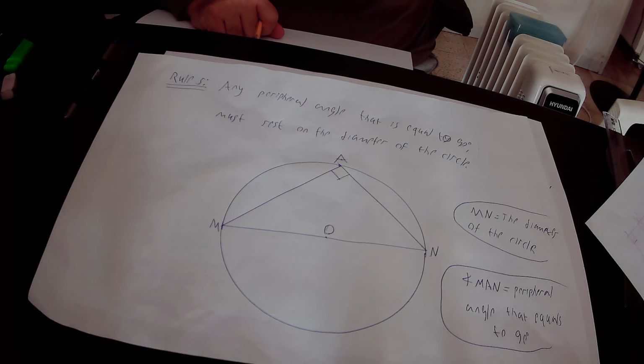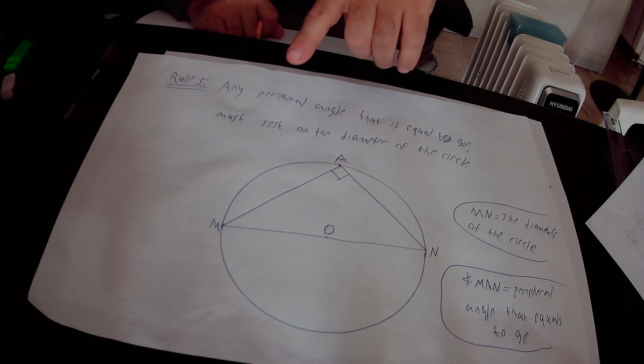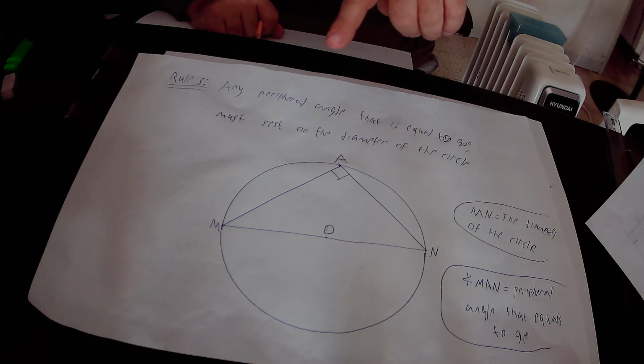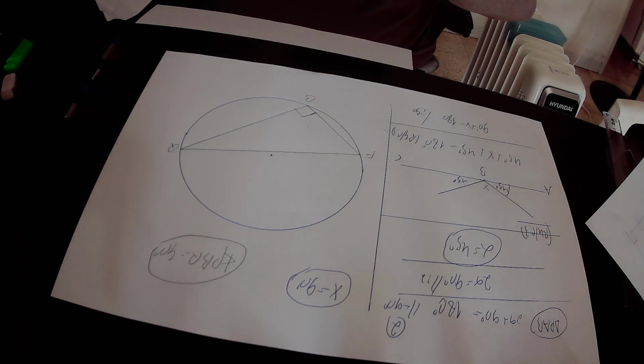So in conclusion, you can say that any peripheral angle that is equal to 90 degrees in its size must be subtended on the diameter of the circle, exactly as we can see here in the drawing, that peripheral angle MAN, that is a right angle, is subtended on the diameter of the circle. So we can implement rule number 5 in our drawing.